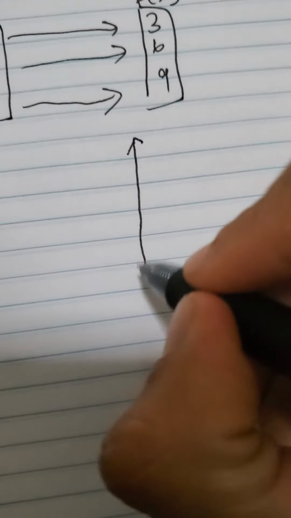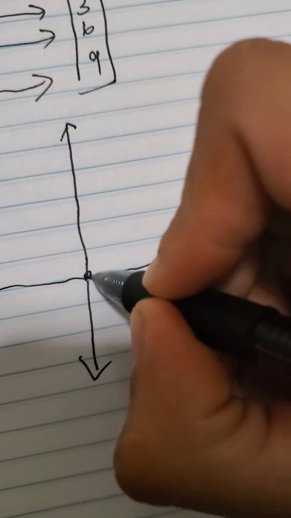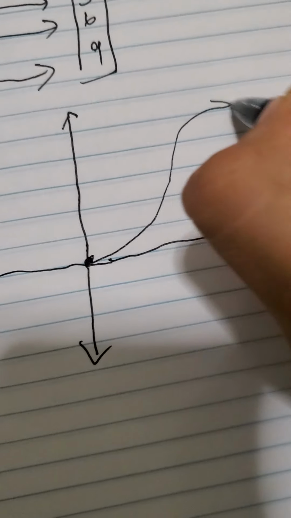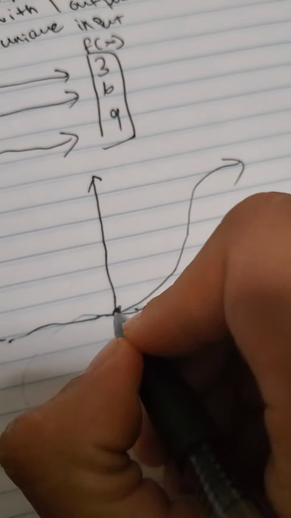All right. So what can we take from a function? So let's just draw in a random curve. It's not meant to be perfect.